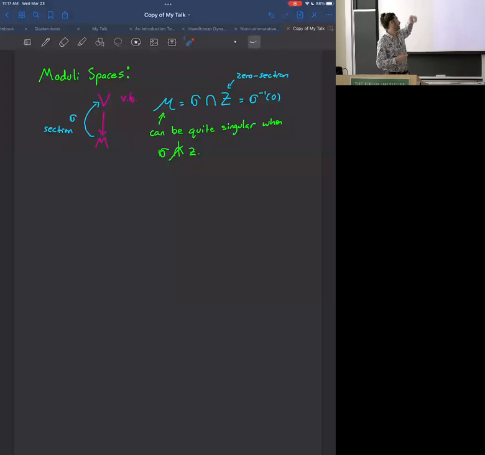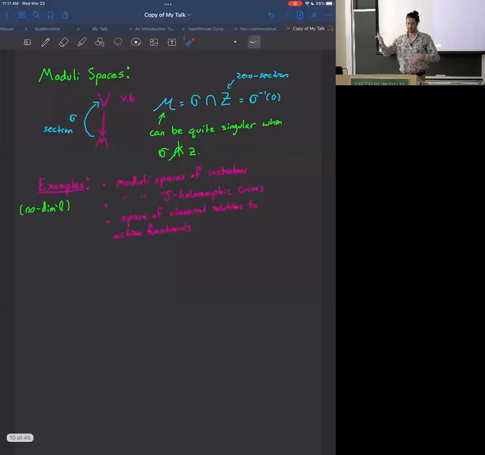So if I have a section and I try to look at zeros, it can be very singular. Some examples I have in mind are moduli spaces of instantons or J-holomorphic curves or the set of solutions to Euler-Lagrange equations. Though these are infinite dimensional, I will be going to infinite dimensions later in the talk, so I'm allowed to cheat and say that, okay?